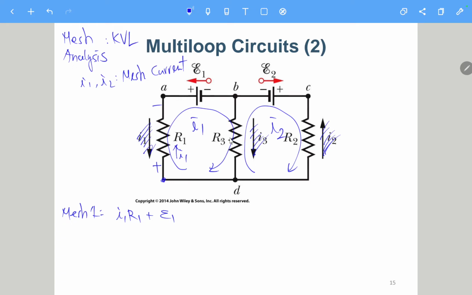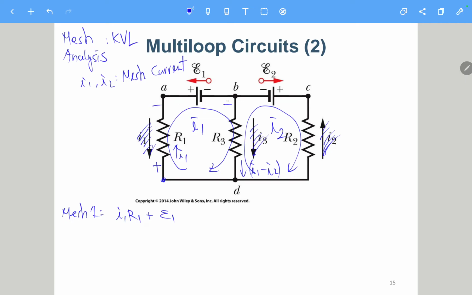And then for E3, it's just a bit more complicated to understand. I1 goes through this resistor R3, and here I2 is also going through this resistor R3, in the opposite direction, which means the total current going through R3 should be I1 minus I2. As much as this is positive, this is negative.